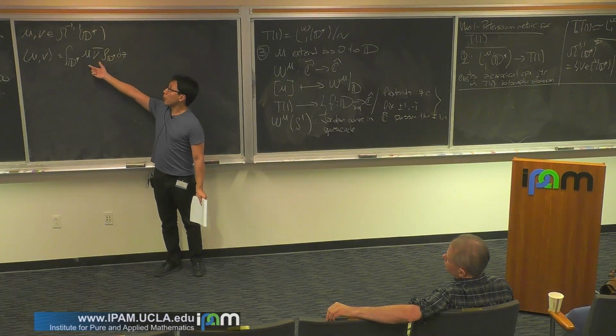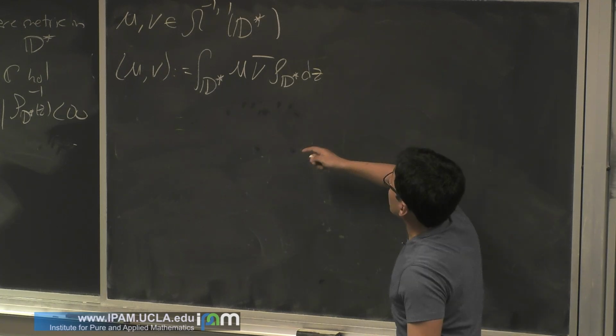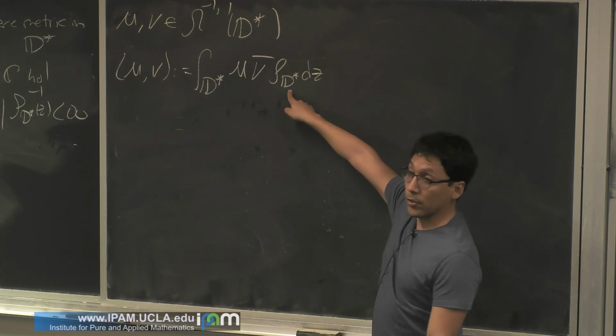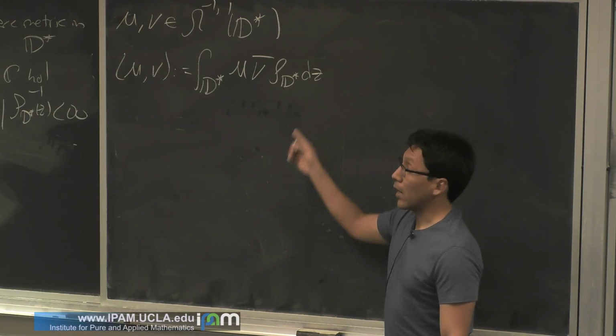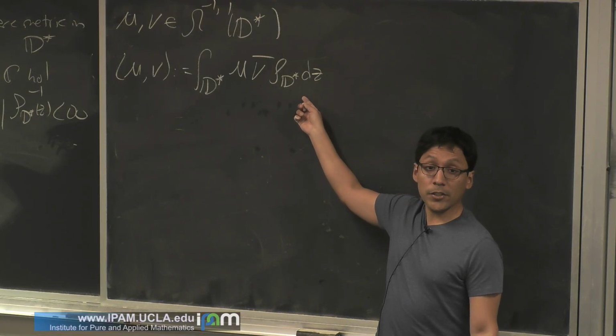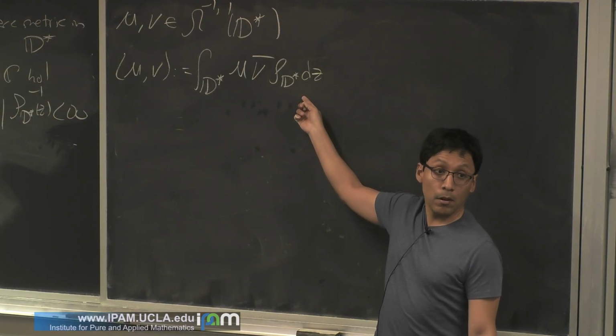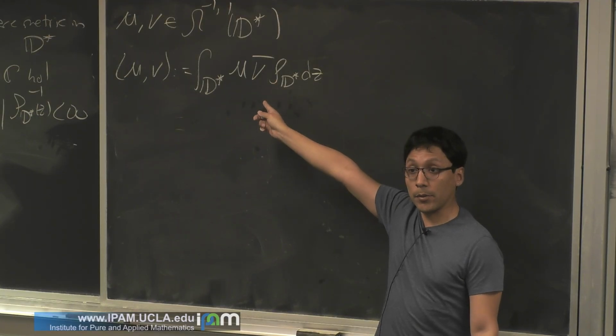Okay? So now, not for any pair of harmonic differentials is this integral going to be well defined. I will have to restrict myself to the harmonic differentials here that are going to be square integrable for me to be able to take that procedure.